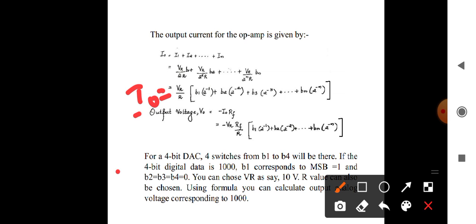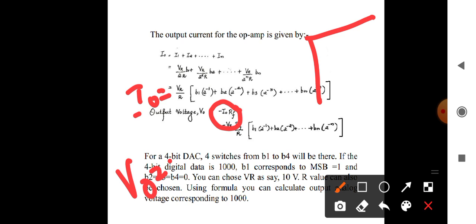So similarly we can find V naught is equal to minus, it is negative because it is connected to the inverting input, so whatever output we are getting is of the inverted type, not of the normal type. That is why it is taken as a minus. So that is minus into I naught into RF.